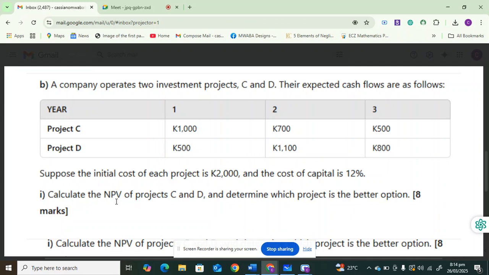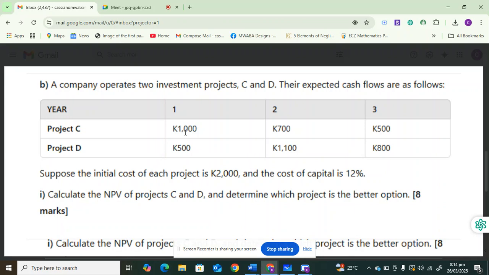With the net present value technique, the money you're going to be receiving in the future, you convert into today's value. Then you compare it against the cost.